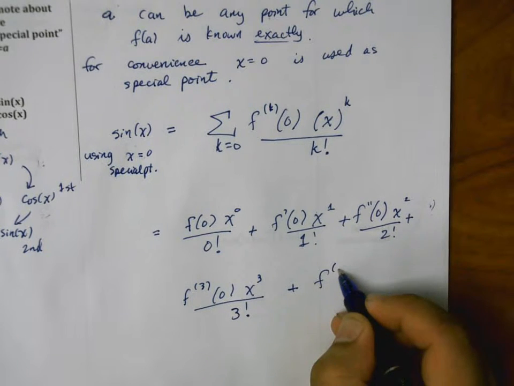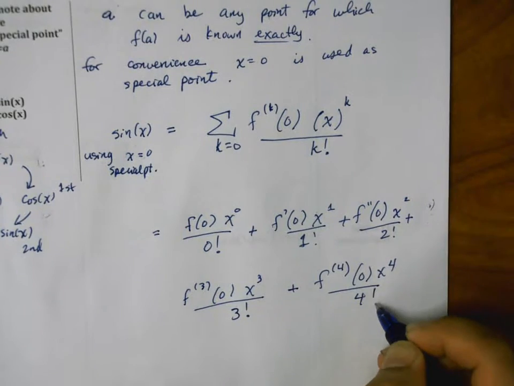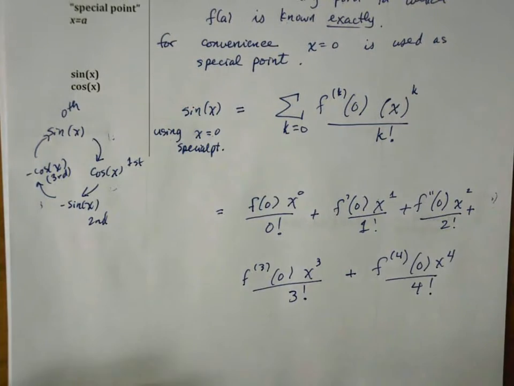And I'll go one more, the fourth derivative at 0 of x to the fourth divided by 4 factorial. Okay?